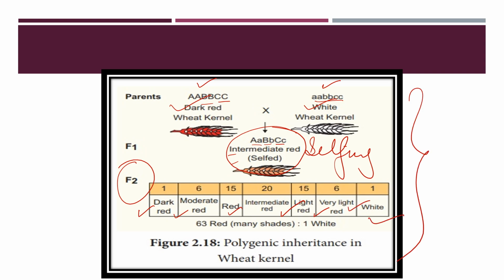So same as that of human skin color. Okay, so 63 red shades are there and only 1 white shade is there. So there is a 63:1 phenotypic ratio, where 63 are varieties of red shades and only 1 is white, and this is the polygenic inheritance of wheat kernel diagram.